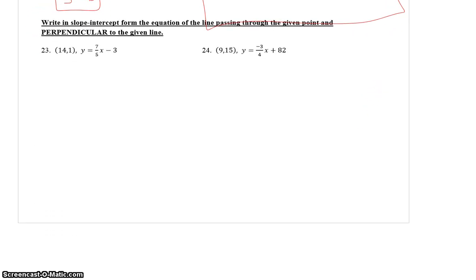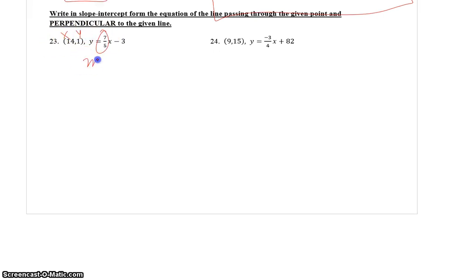And then finally we are going to write an equation that is perpendicular. So again, we have x, we have y, and here the slope is 7/5. That means that we are going to use the slope of -5/7 because we want it to be perpendicular. So we had to flip it and change the sign. So if we plug into y equals mx plus b, we get 1 equals -5/7 times x, which is 14/1, plus b.